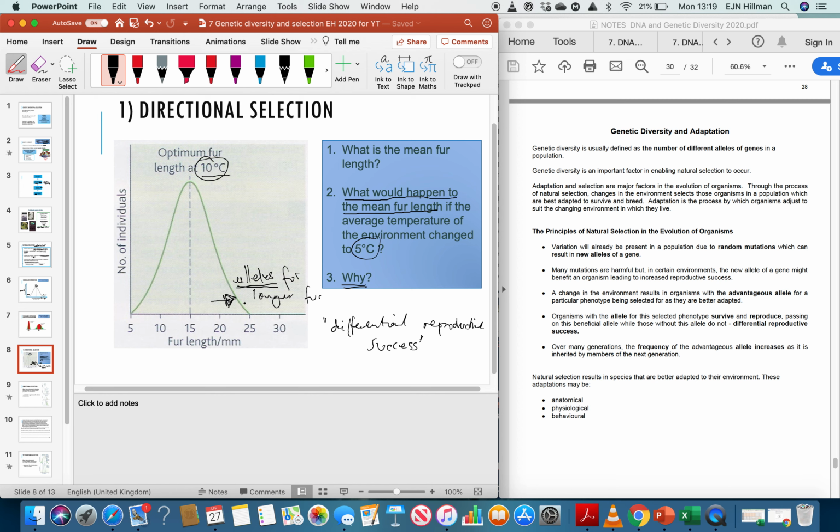The frequency of those alleles increases, and eventually the curve would shift to the right, and we would get a new normal distribution. Those individuals down here, well, they are being selected against. Their fur is too short, so they would not survive.